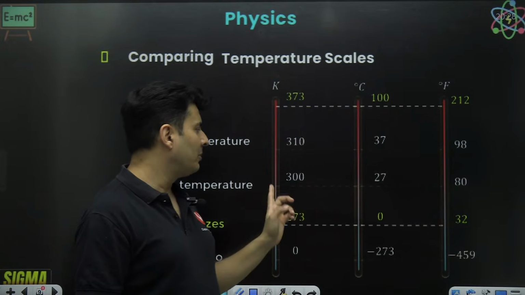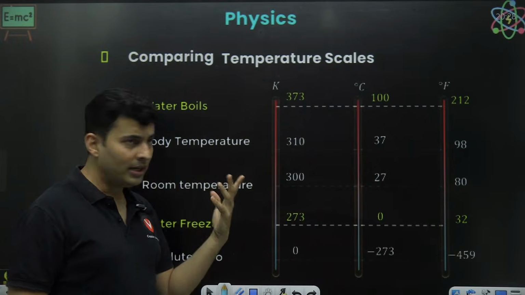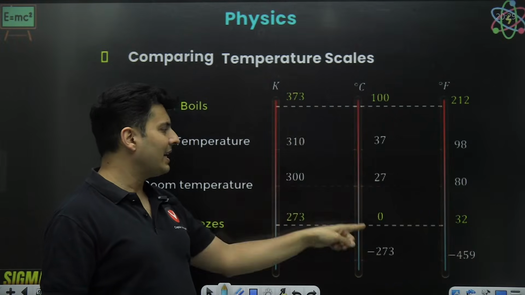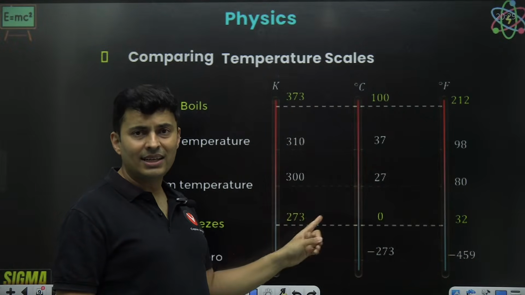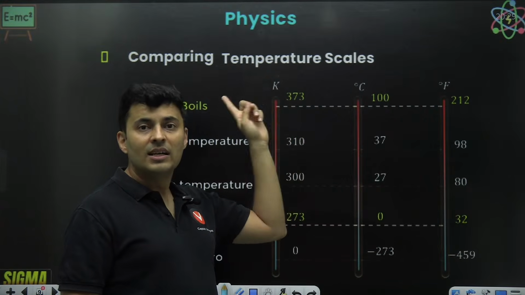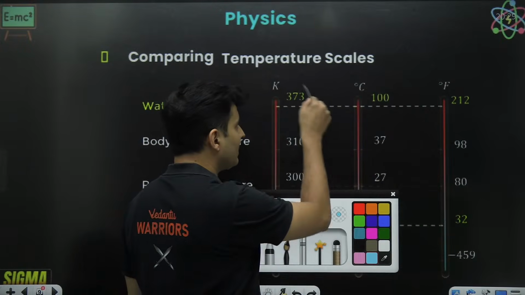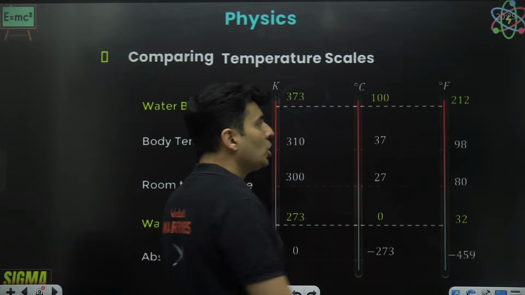Anyways, coming back to the point. Now, the boiling temperature where water will boil is 100 degrees Celsius, but in Kelvin, you just add exactly 100. From 0 to 100, Kelvin will be exactly 273 Kelvin plus 100, which is 373. In Fahrenheit, it is 212.